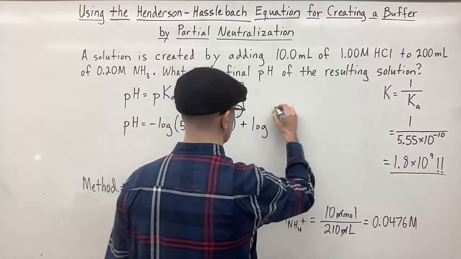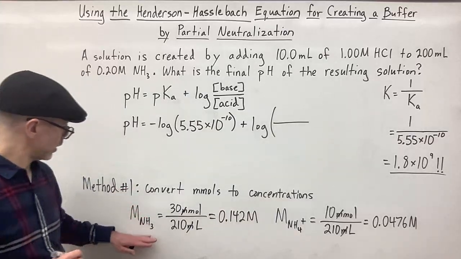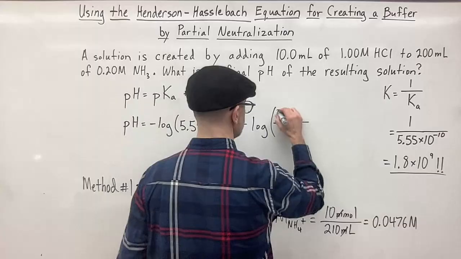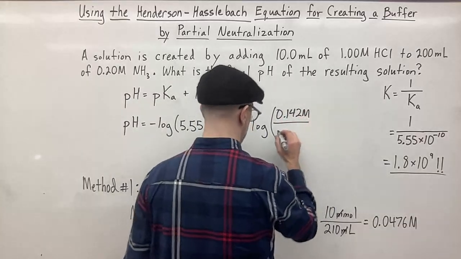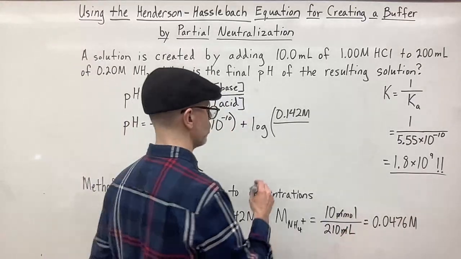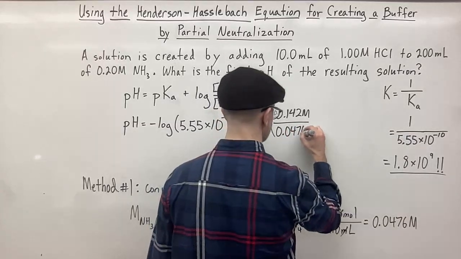So the concentration of the base is 0.142 molar over the concentration of the acid, which is 0.0476 molar.